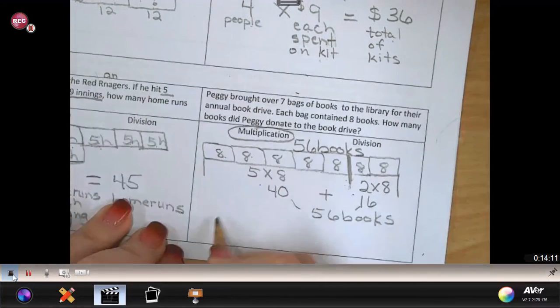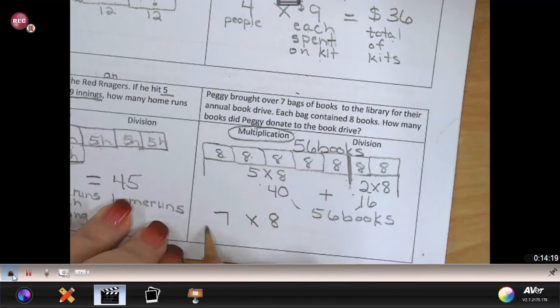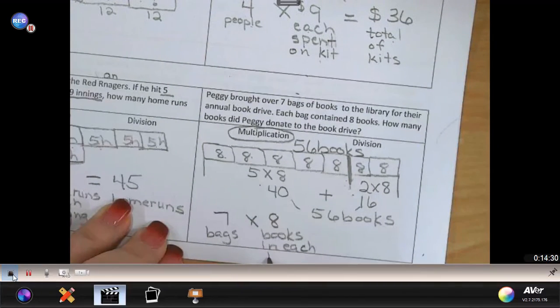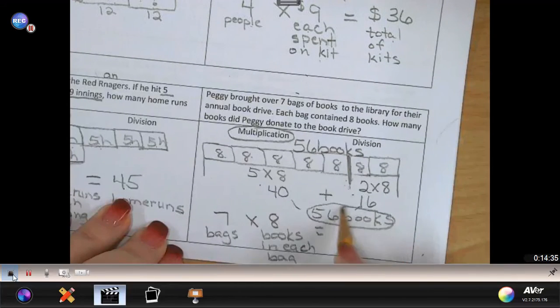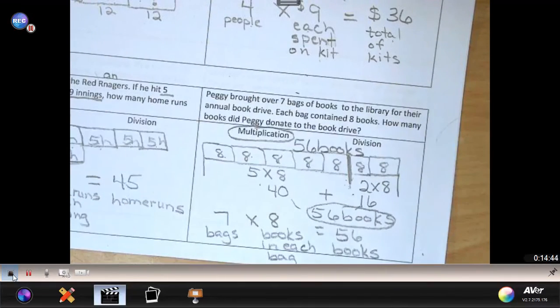So now I can take my understanding and write myself a multiplication sentence. So 7 bags, 8 books in each bag. And remember, we're labeling these, and we get 56 total books. That's all the books put together.